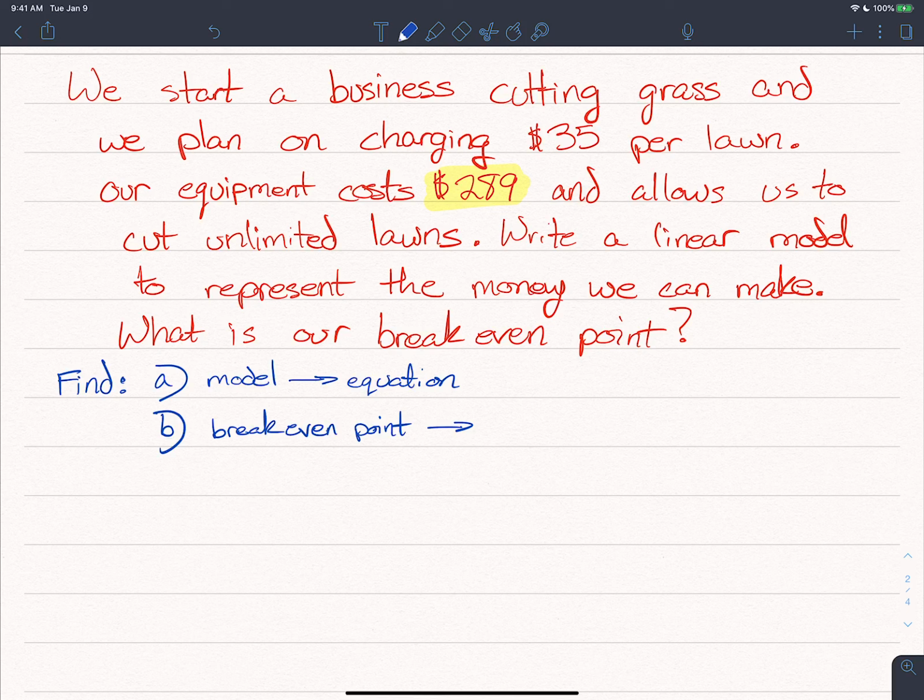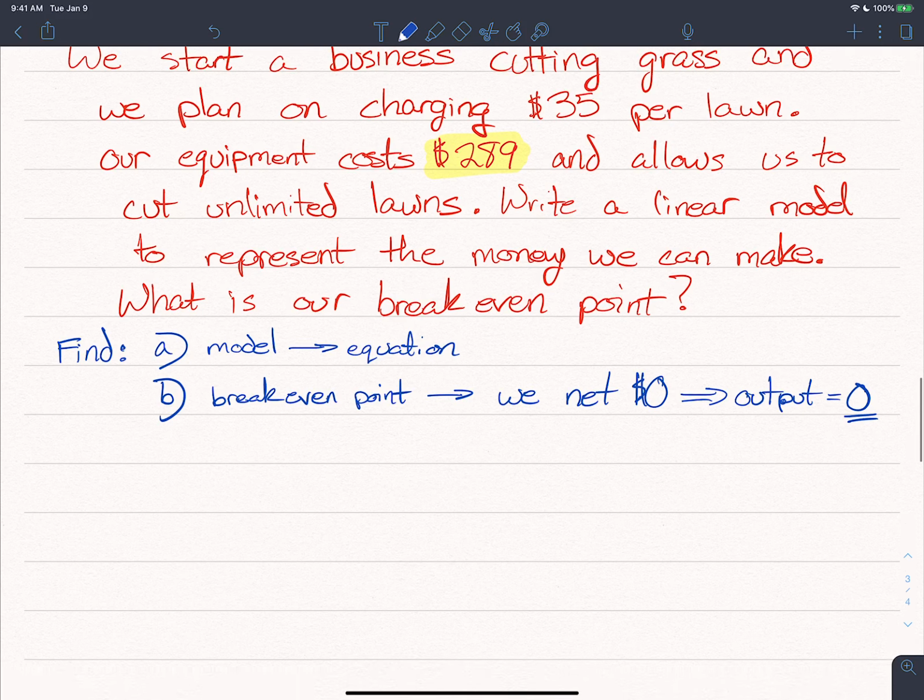Because if you look here, when we first start, we're not at zero. What are we at? We're at minus 289, right? Because we spent money. We haven't made any money. We're at minus 289. So our break-even point is basically going to be the point where we net $0, or our output equals 0, right? That's going to be our break-even point.